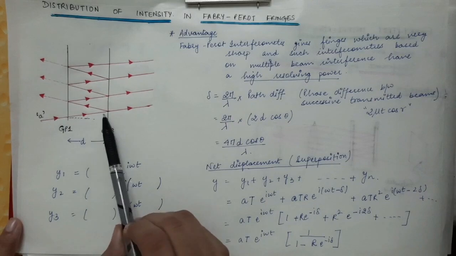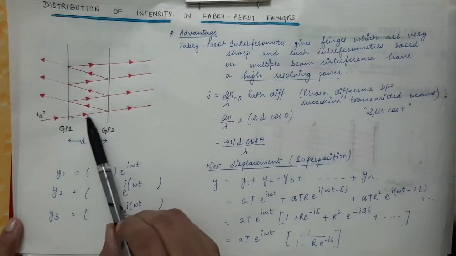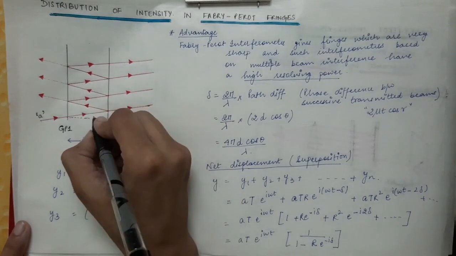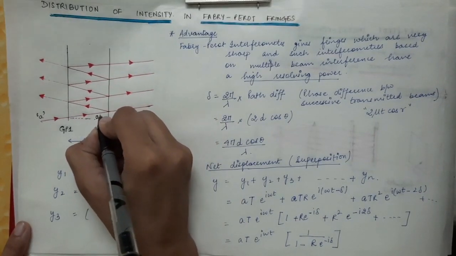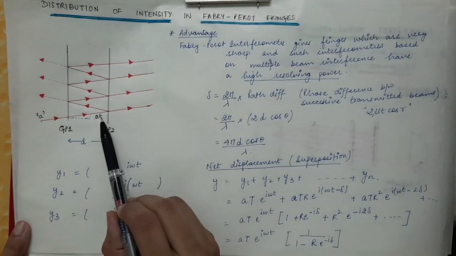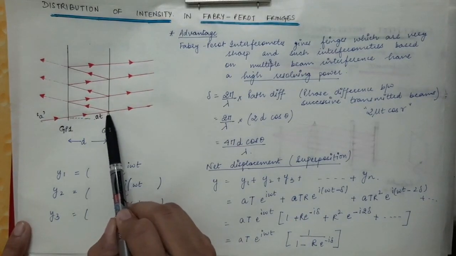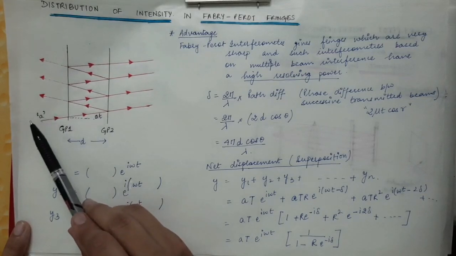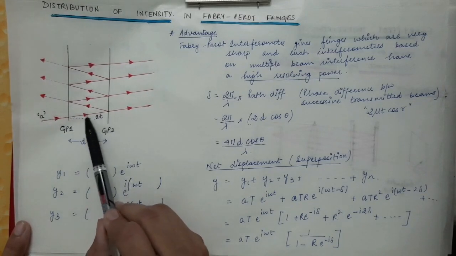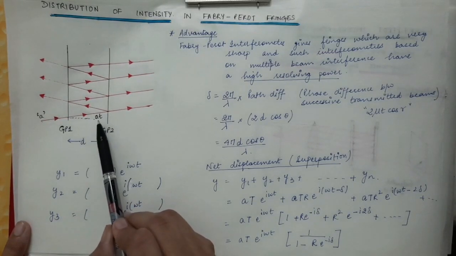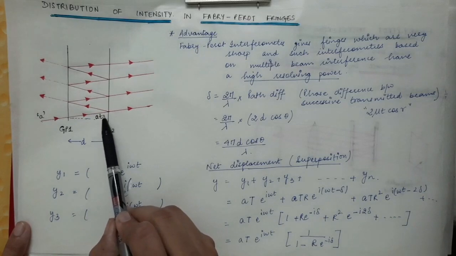So the amplitude of this first transmitted ray will be equal to a times T, where T is the amplitude transmission coefficient. The incident ray has the maximum amplitude, but when it gets transmitted, its amplitude reduces by this amplitude transmission coefficient.